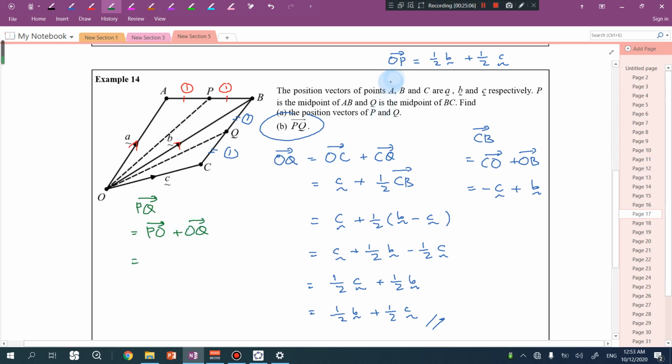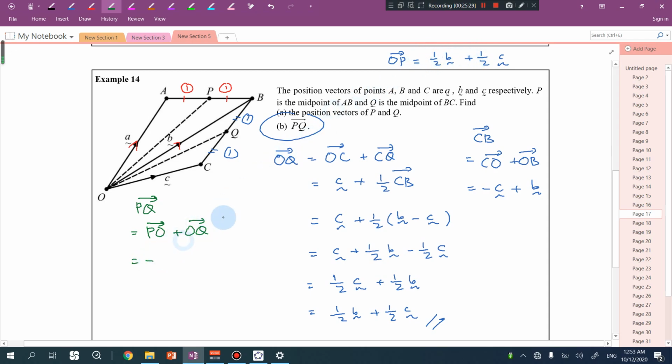PO, be careful again, this is OP. What we are looking for here is PO. It means opposite directions of this thing. So all the signs here we have to change. If negative, we need to change to positive. If positive, we need to change to negative.